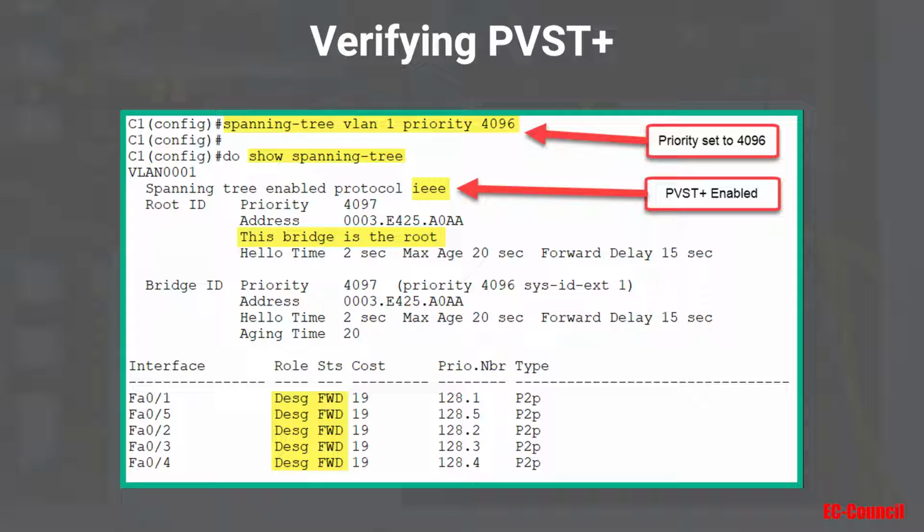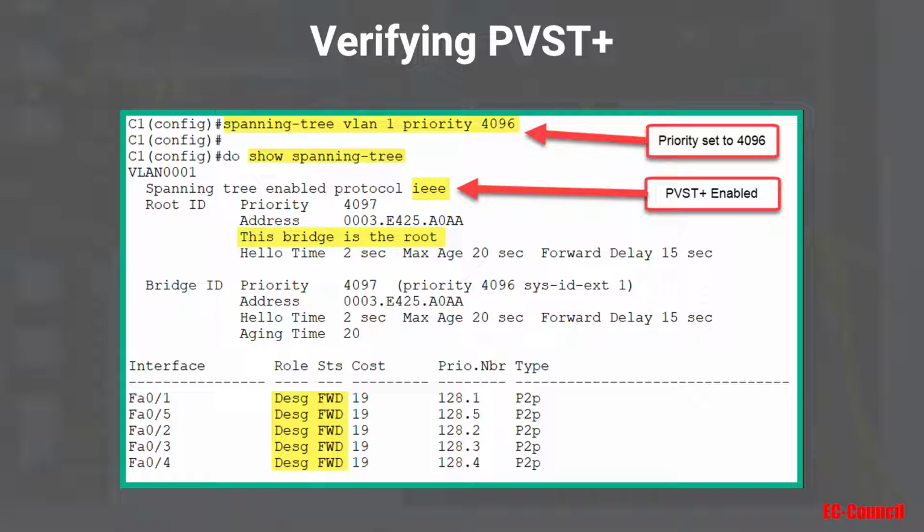Looking down further, this block of information here represents the information that is configured for C1. So each switch has the root bridge information and also has its own information. Now take a closer look at the bridge ID details. The priority value here says 4097, but if we recall, the priority values are only in increments of 4096.